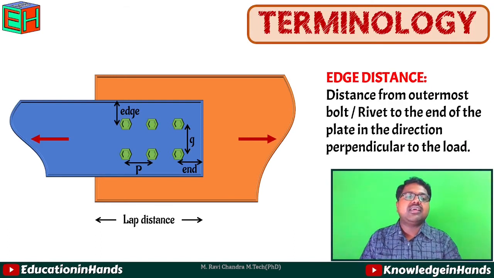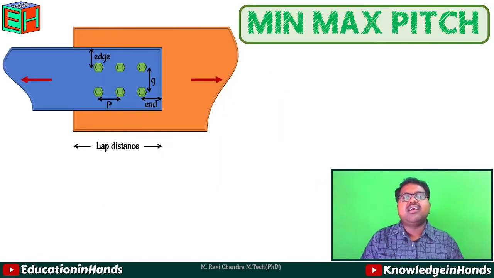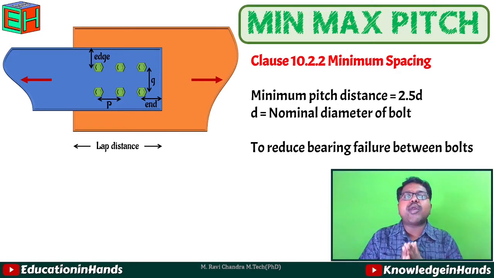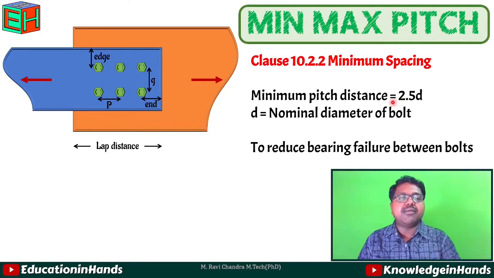If we see the provisions given in IS 800 for minimum and maximum pitch distances, we need to follow certain regulations. According to clause 10.2.2 of IS 800, the minimum spacing for pitch is 2.5 D, where D is the diameter of the bolt.